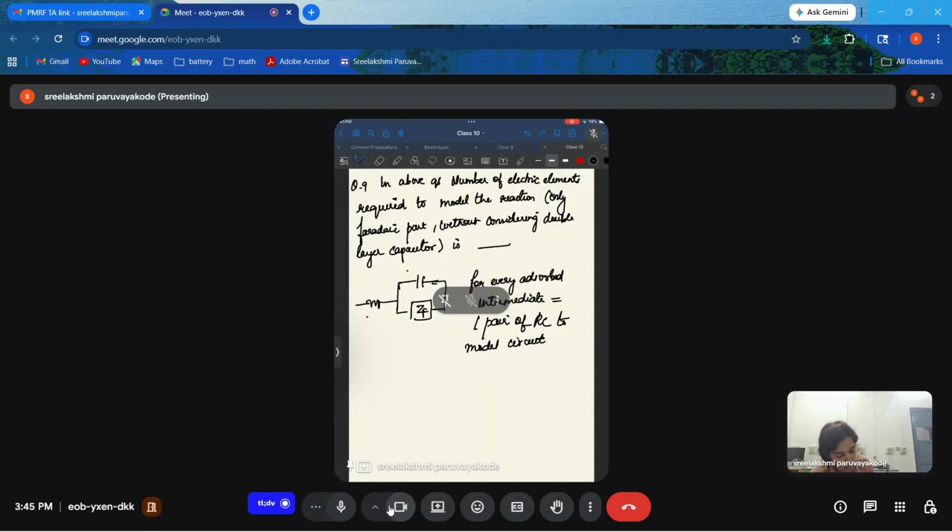So for every adsorbed intermediate you have to calculate one RC. Like how many adsorbed intermediates, those many pairs of RC, and apart from that you will have one additional resistor. So totally the answer will be here one pair of RC plus one resistor. So it becomes totally 3. This is how you have to identify for any circuit, not just for Frumkin, but for any model. This is how you will be finding it.